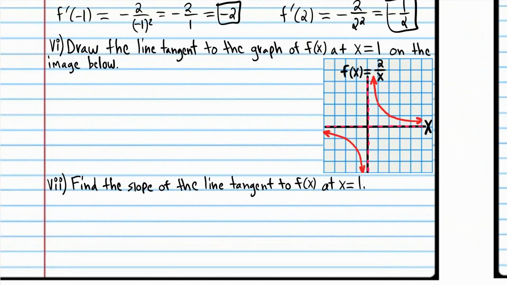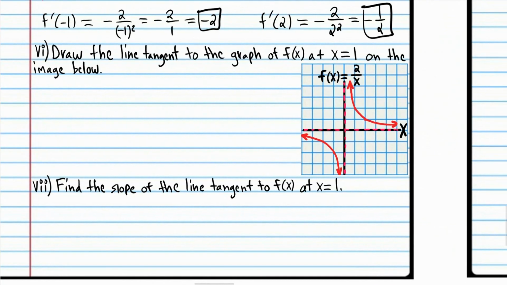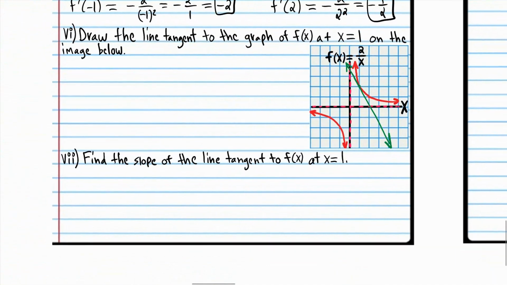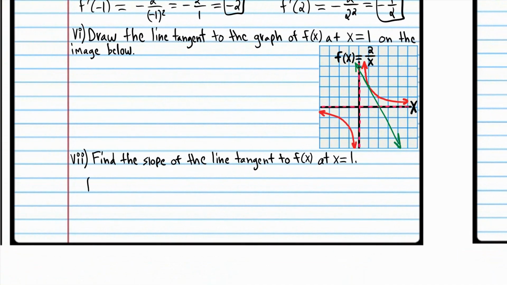And let's do one more problem. We're going to draw the line that is tangent to the graph of f of x when x is equal to 1. So we're going to go out 1 and then find the corresponding point on the graph and draw the line that's tangent to that point on the graph. And how do we find the slope of that line? Well, again, we use the derivative.